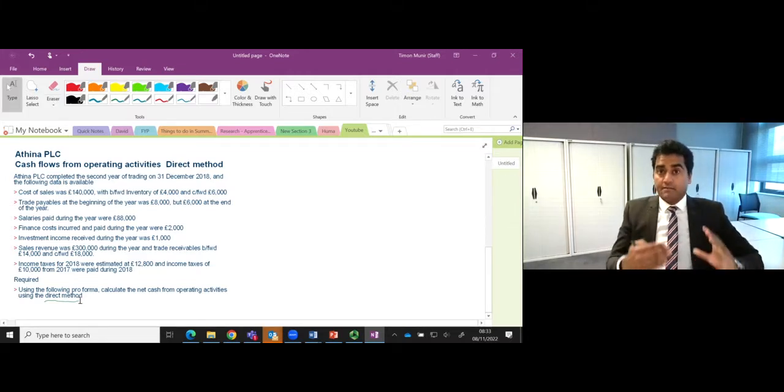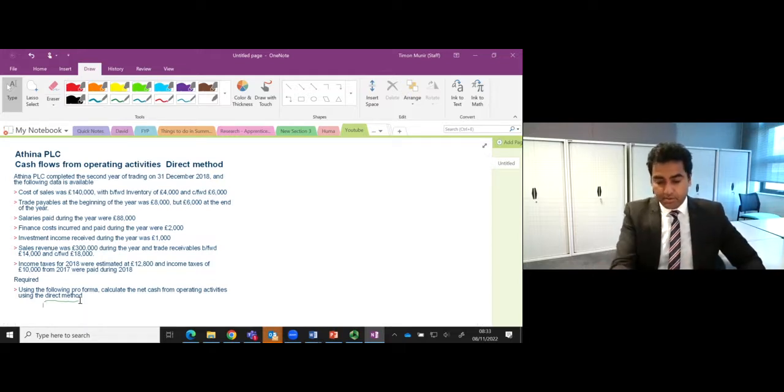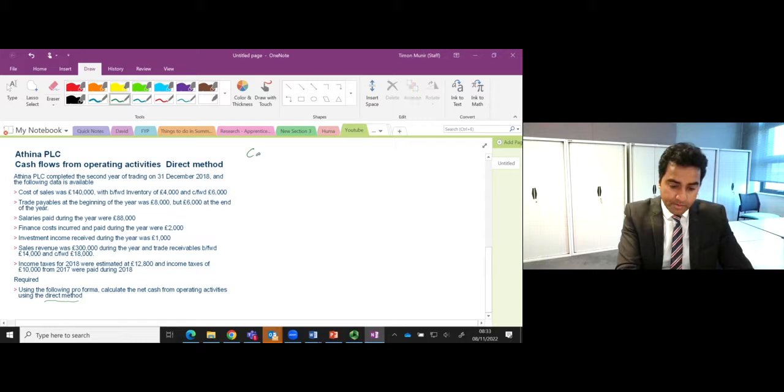In order to provide myself some guideline, I will draw the format first. So the format will be cash flow from operating activities.